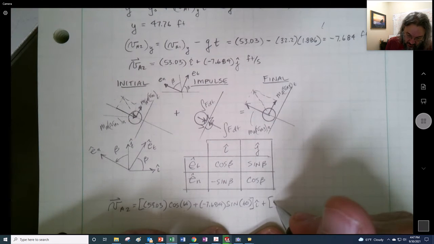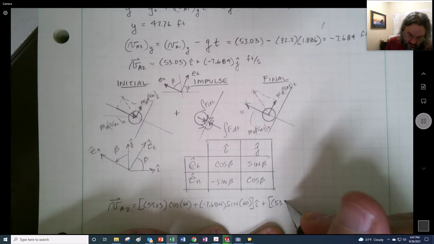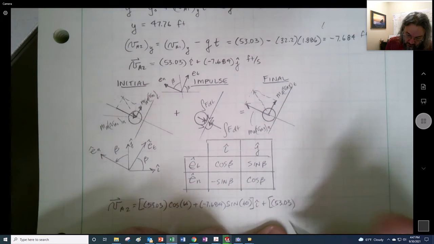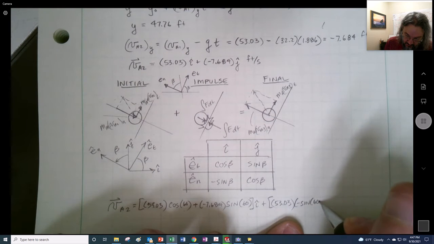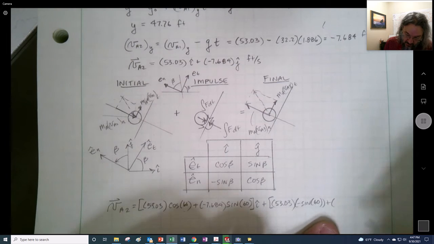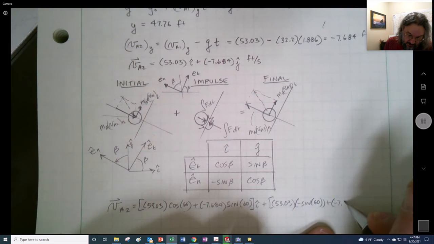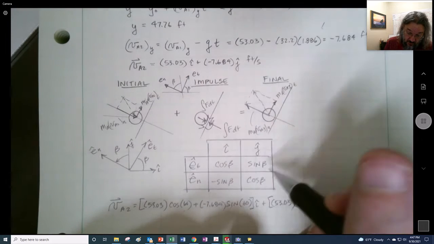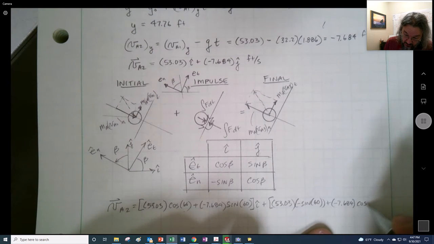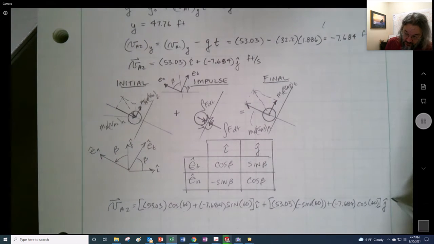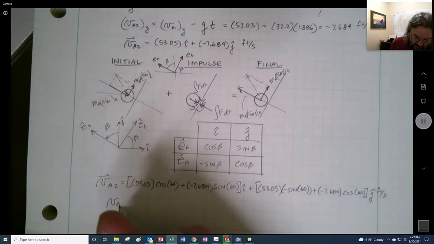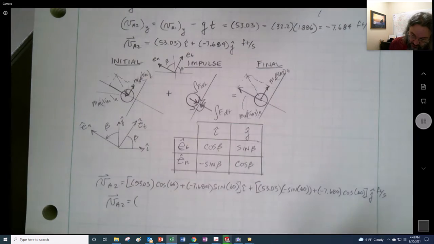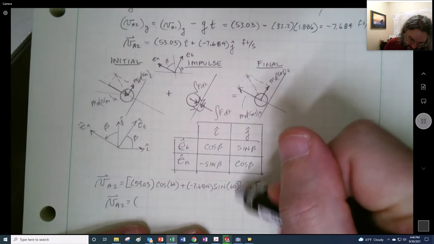And then I'm going to take that same I and multiply it by my negative sine of 60, and take the negative 7.684 from here, multiply it by the cosine of 60, and these were feet per second, so that I get VA2 is equal to, whoop, I made a mistake, sorry.